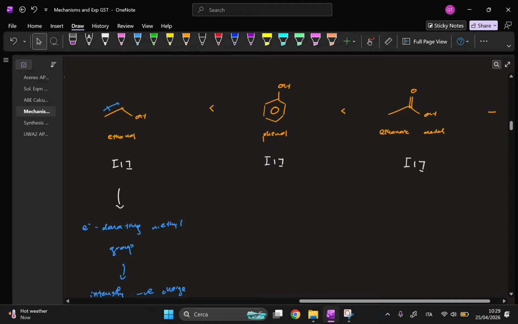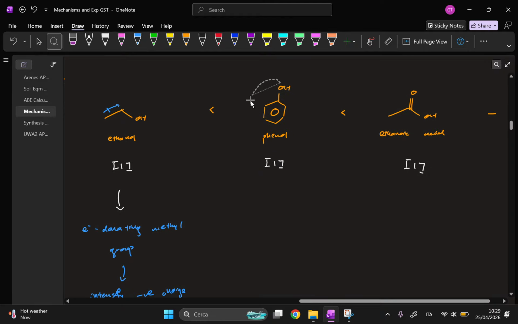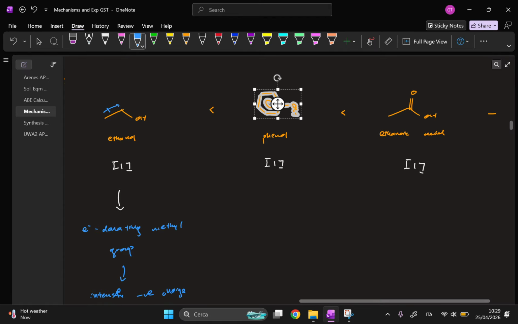Now, for phenol, let me just flip this phenol over by its side a bit so that I can illustrate better. Now, phenol, if you need a bit of content revision, what makes it a stronger acid than an alcohol? We learned this in hydroxy compounds, right? In a phenol, this O atom obviously has 2 lone pairs, 1 lone pair here and 1 lone pair here. And these lone pairs are in what orbital? A p orbital.